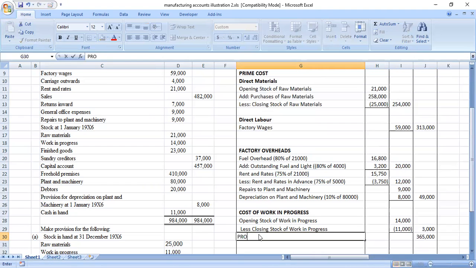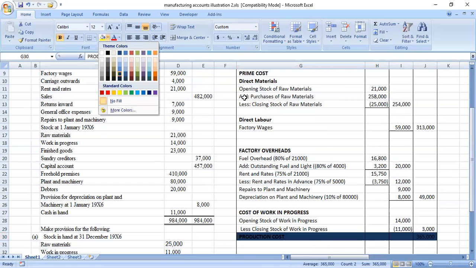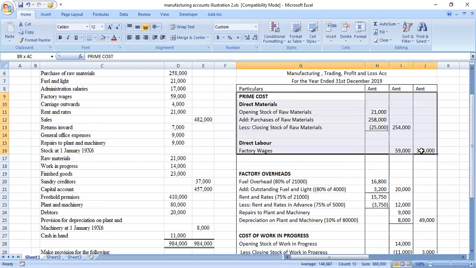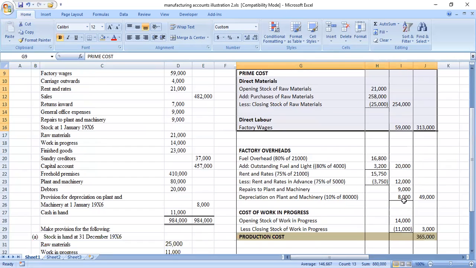So this is the production cost. This is now what we have been looking for. The production cost, which is equal to the prime cost, of which the prime cost is a total of direct materials plus direct labor plus other expenses, plus factory overheads.